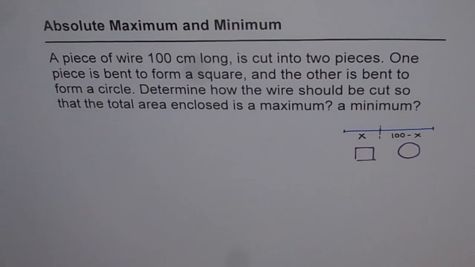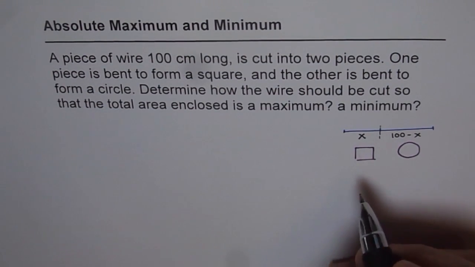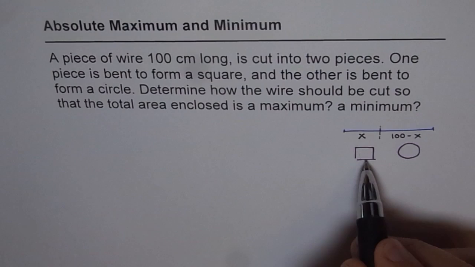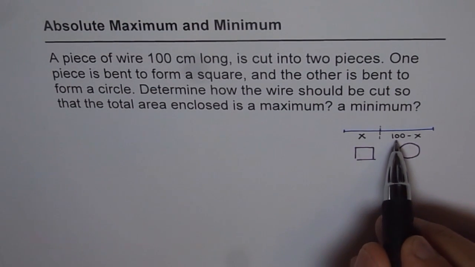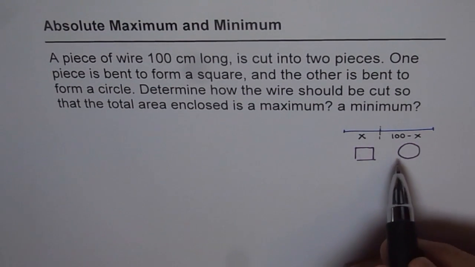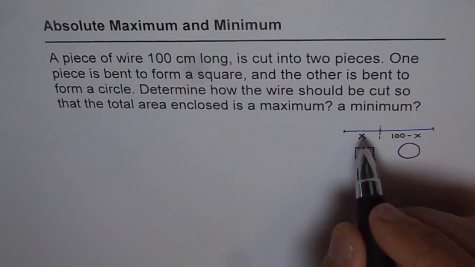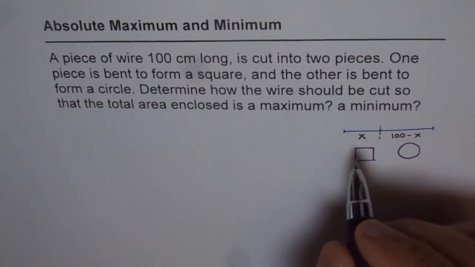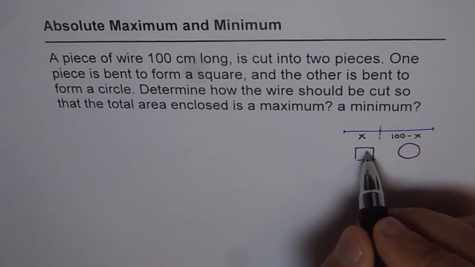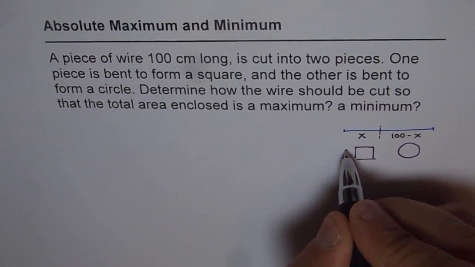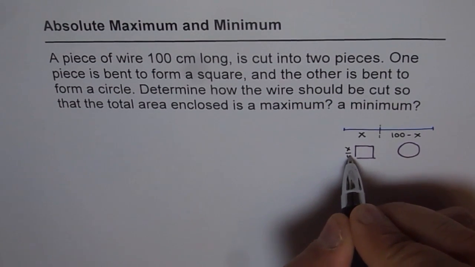Now in this problem what we need to find is, if we have this length of x, then what is the area of square? And if we have this length of 100 minus x, then what is the area of circle? Now, as far as the square is concerned, if the length is x, then each side length will be x over 4, right? So each side will be x over 4.